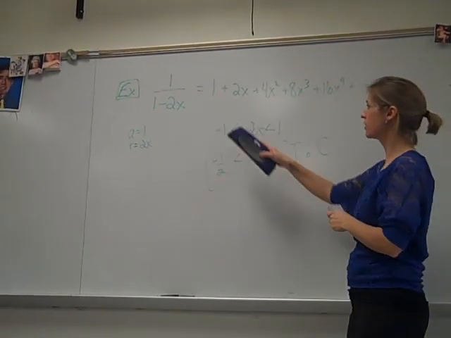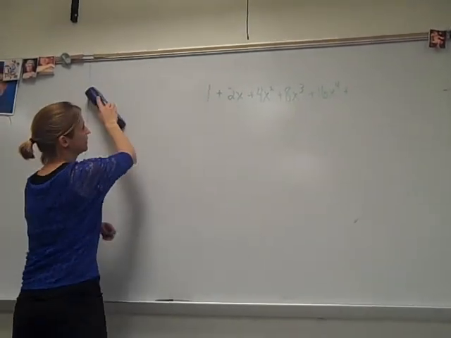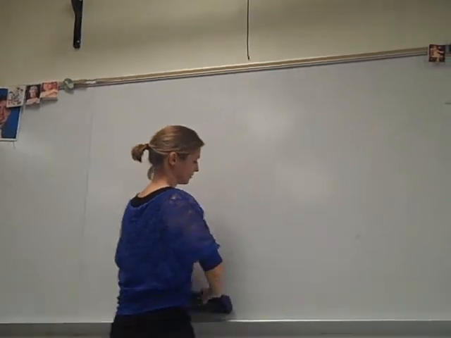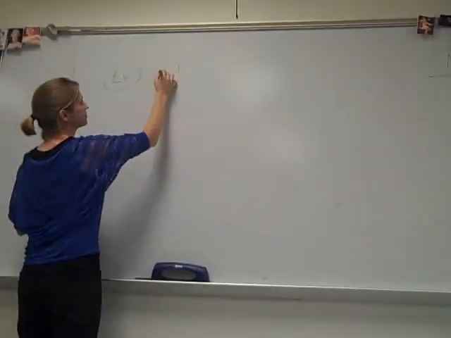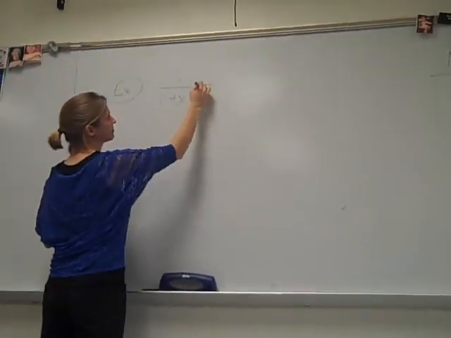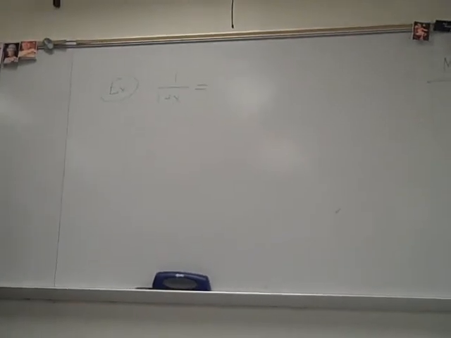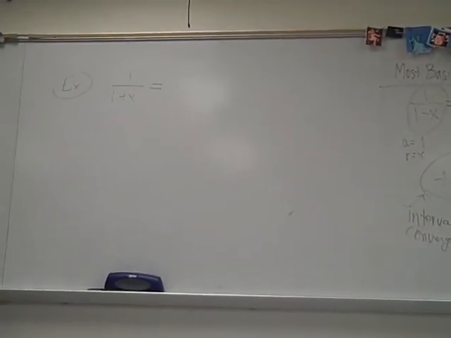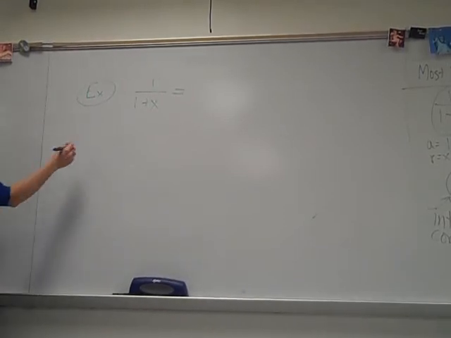And what if it's a plus instead? Everything we've had has been minus. So if it was 1 over 1 plus x, a is 1 and r is negative x.